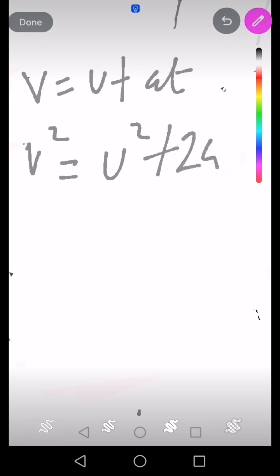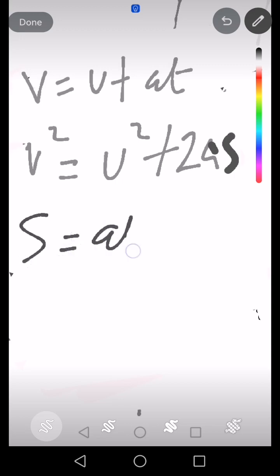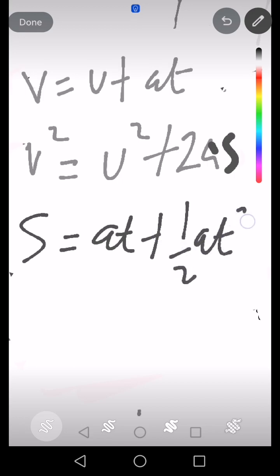There is no need to memorize those formulas. They can give them to you in the paper. Yes, even distance is equal to ut plus half at squared.